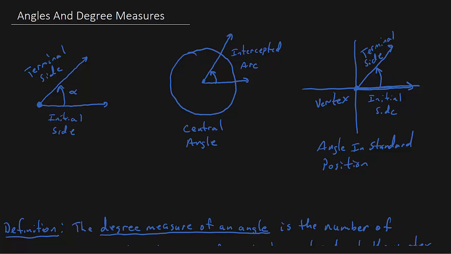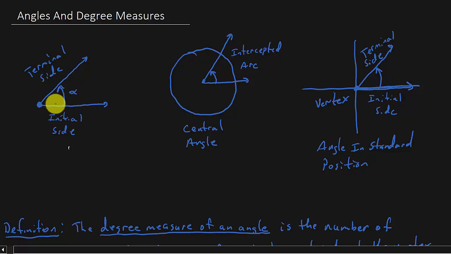So here we have some angles. This right here is an angle. You have the initial side here, okay? And if you take this initial side and rotate it some angle measure, which we'll call alpha, you may see in some textbooks it's called theta.